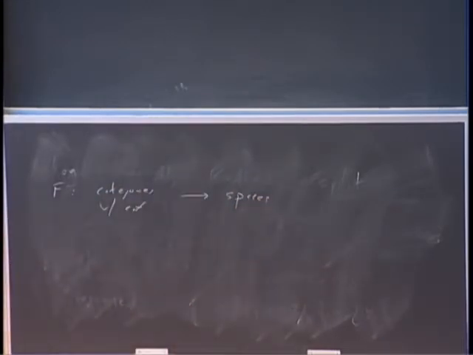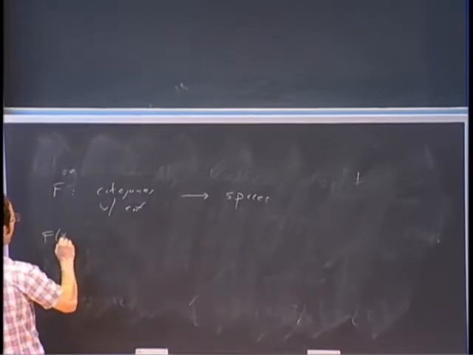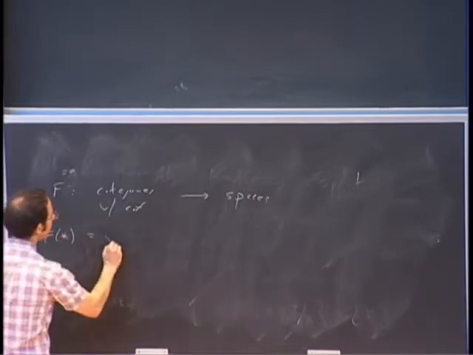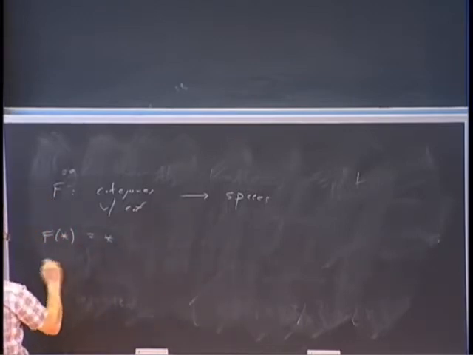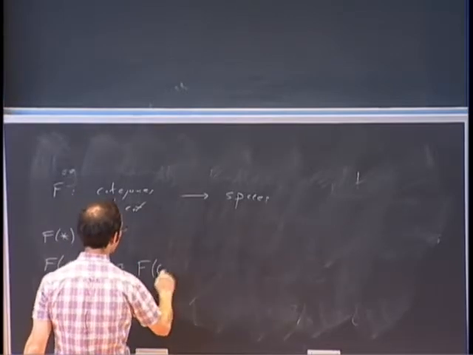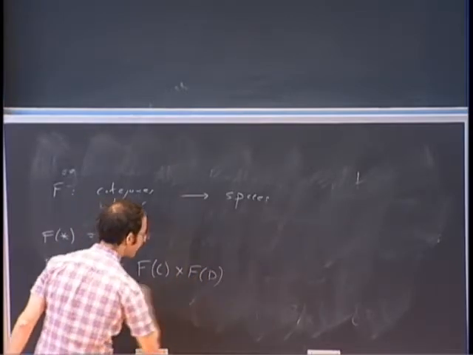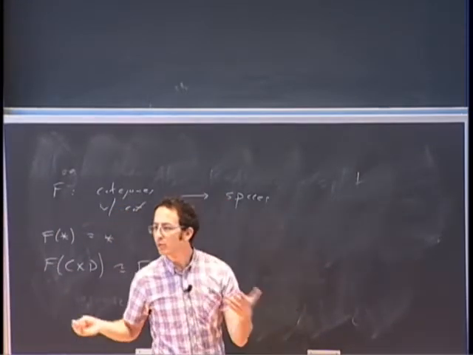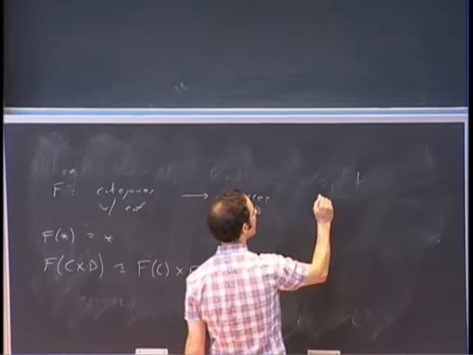And suppose F is reasonable. And by reasonable, I'll mean that F of a point, F of the trivial category, is equivalent to the point, and F preserves up to equivalence Cartesian products. And F has the following sort of niceness property with regard to simplicial objects.